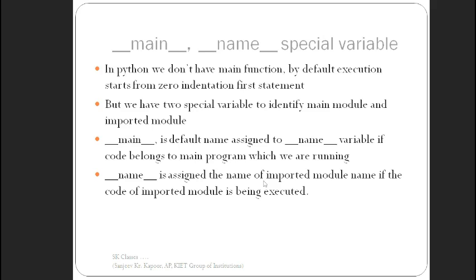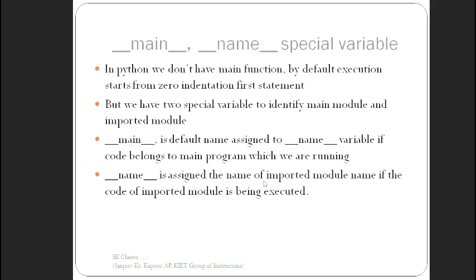So main is the name of the module which is currently executing, and it is the name main when the code that you are executing is directly being used. For example, if you are writing a code and that file is directly executed, that means whatever code is written in that current file is being executed. So this module will be called main.